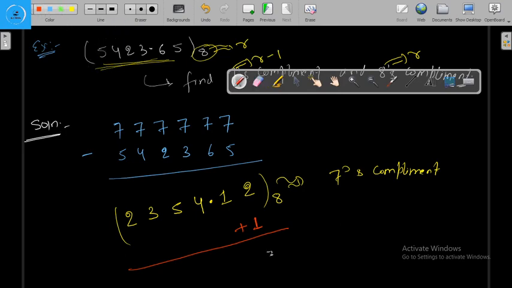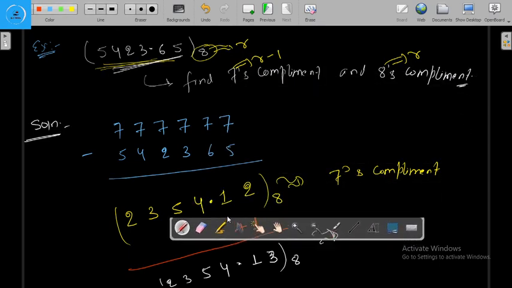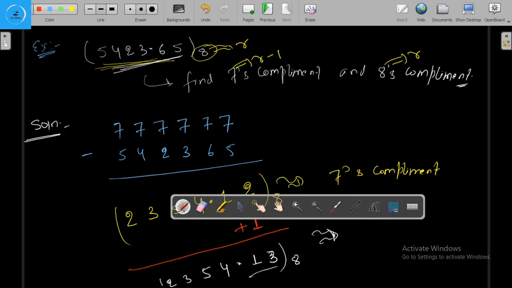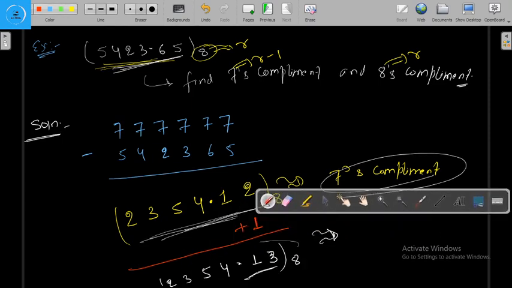So 2 plus 1 is 3, and the remaining digits stay as they are. So the 8's complement of the given number is 2354.13 and the 7's complement is 2354.12. I hope this is clear to all of you.